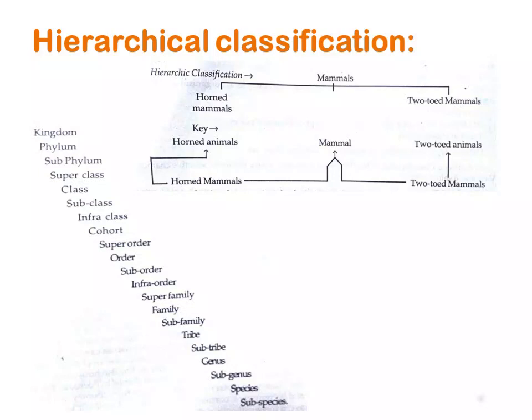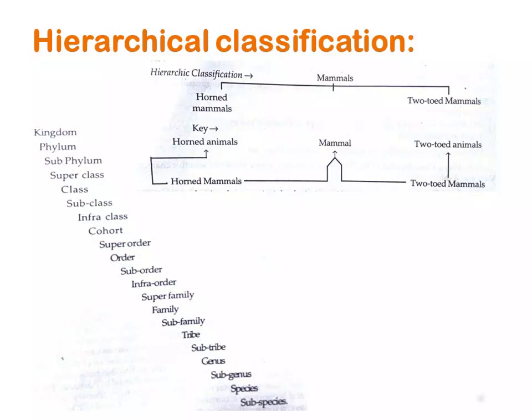Families were grouped into orders, orders into classes, classes into phyla. Modern usage is somewhat different from that of Linnaeus in the number and scope of these terms, but the principles of the system remain essentially as he designed them.